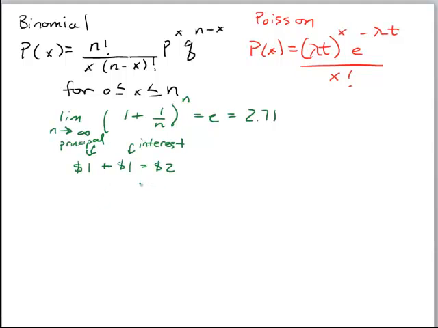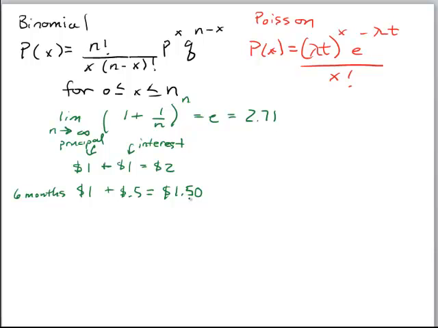But what if we decided we didn't want to wait for a year? What if we only did it for 6 months? For 6 months, we would have $1, and then we would pay, what, only 50 cents, right? So it'd be $1.50 for 6 months. But what if we then charged another 50% for the second 6 months on the off chance I decided I wanted to continue after all?